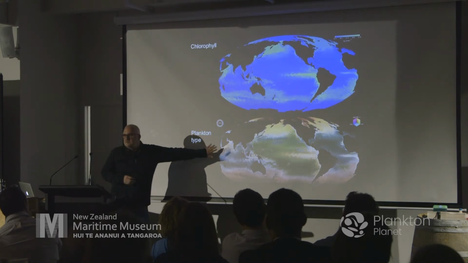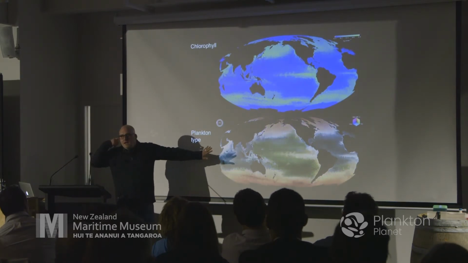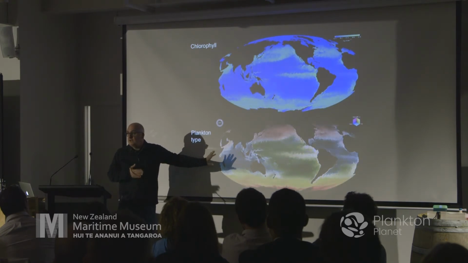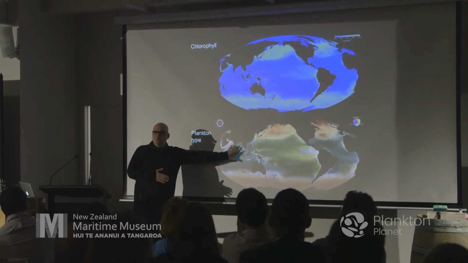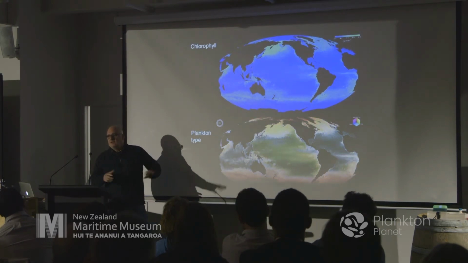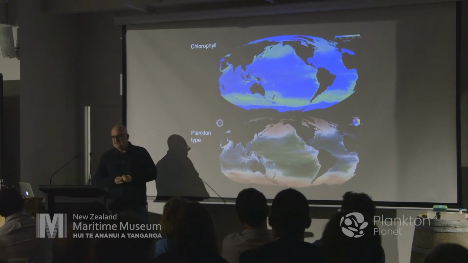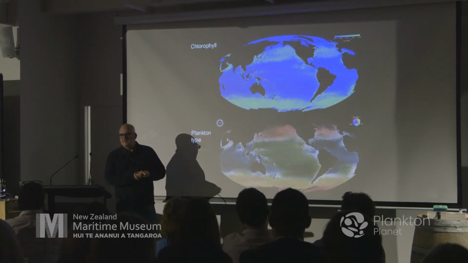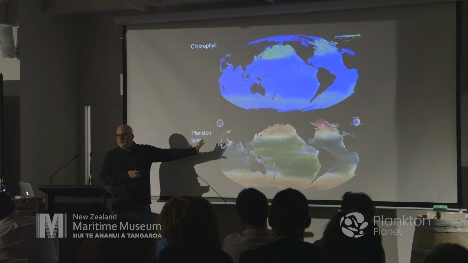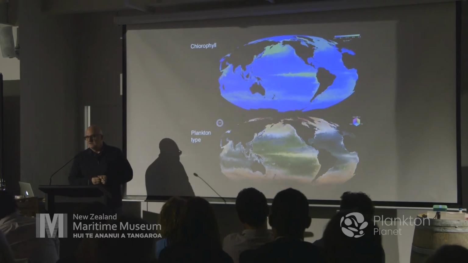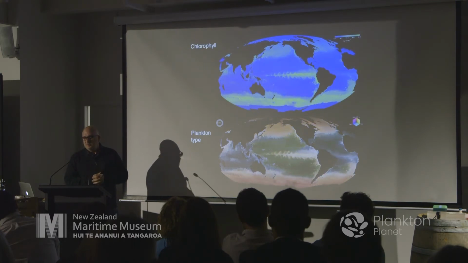The problem with this panel is we actually have not as much data as we would like to test this, so we don't know if this is really right or wrong to some degree. We can say some things about that, but we're really data limited because it's hard to go out in the ocean and collect the data that can tell us about these distributions. It's hard to extract those distributions from the satellites at this point in time.